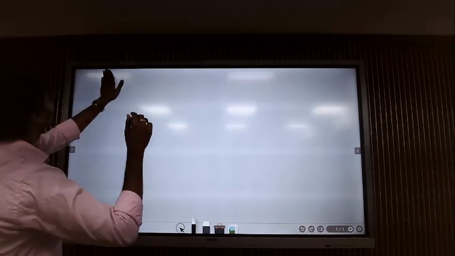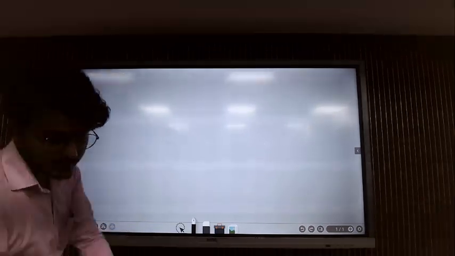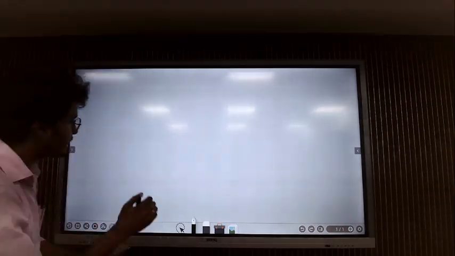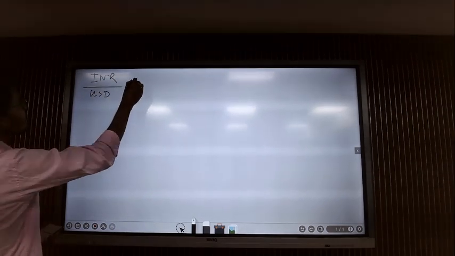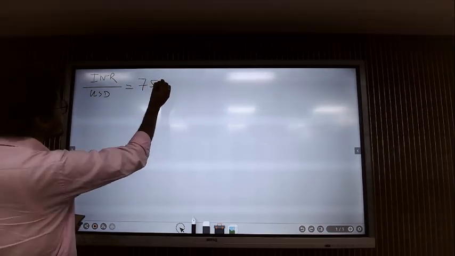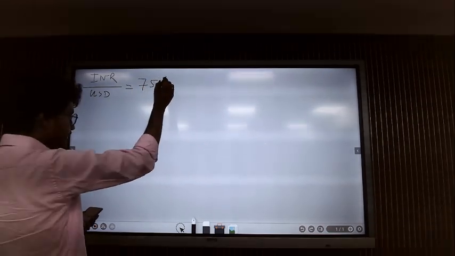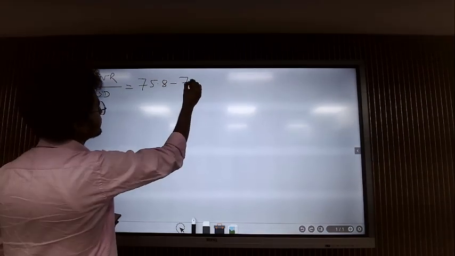So the first rate is INR by USD. The rate is given 75.8 and 75.9.